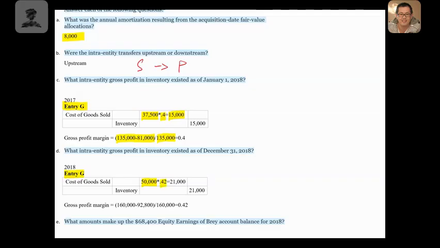To get the gross profit margin, we also use the transfer price minus the cost and divided by the total transfer price, which is 42%. And the total amount of intra-entity gross profit in inventory is 21,000. So that's the answer for question D.